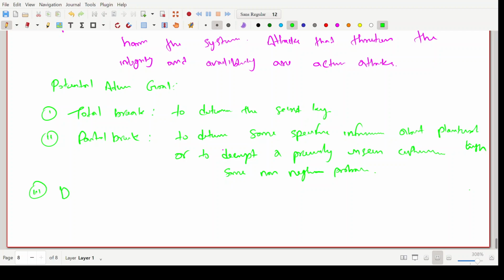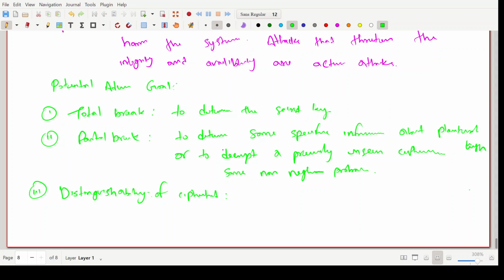And third is distinguishability. What do you mean by this? That is distinguishability of ciphertext.